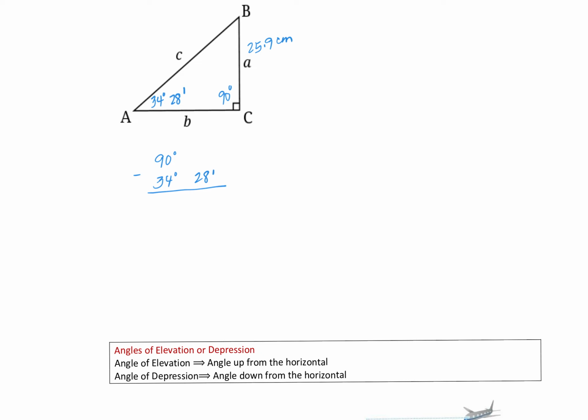I'm not going to borrow from the 9 and have 8 and then 9 and bring it over and have 100 minutes, because every degree is only 60 minutes. So this 90 degrees is actually 89 degrees plus 1 degree.